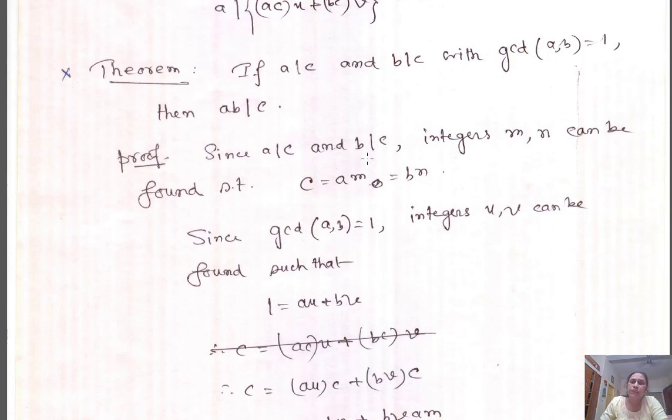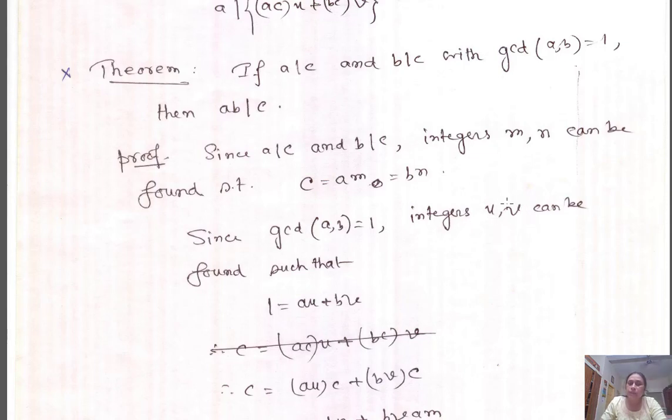So A divides C, B divides C. This means C equals some AM, and C equals some BN, for some integers M and N. Now the GCD of A and B is 1 means 1 equals AU plus BV, where you can always find this U and V. How to find them, we haven't discussed yet.